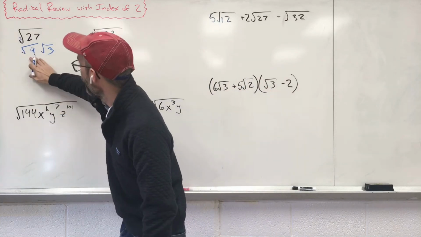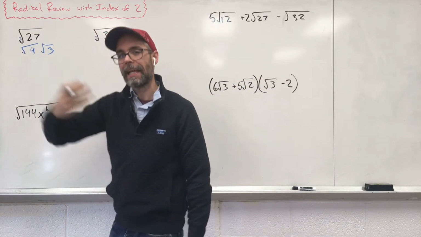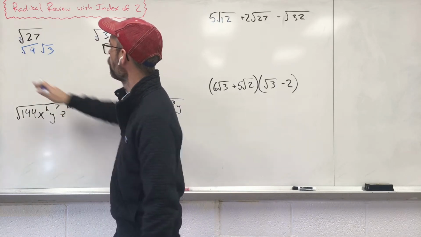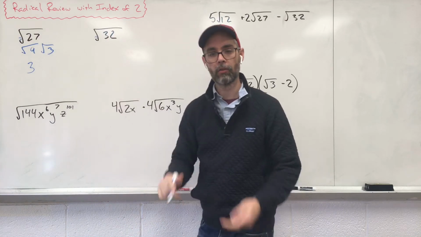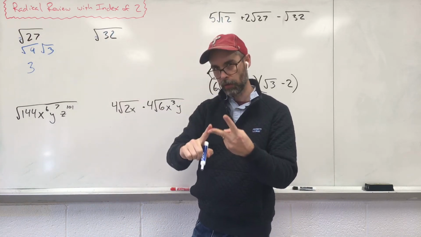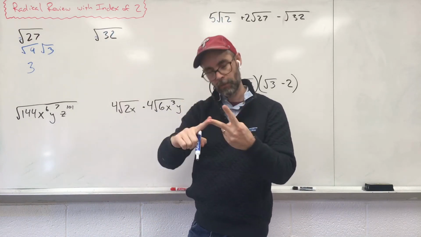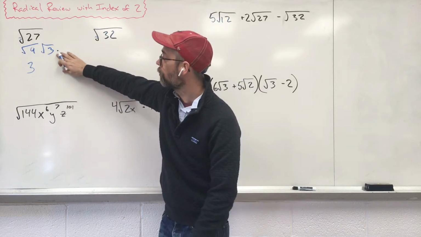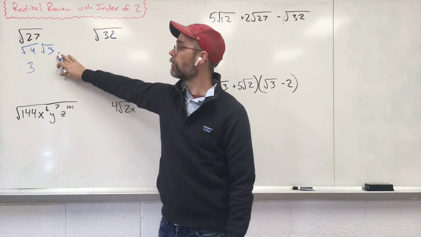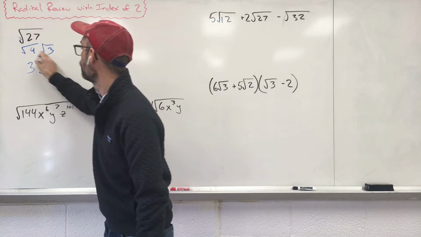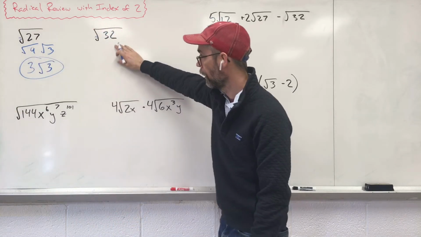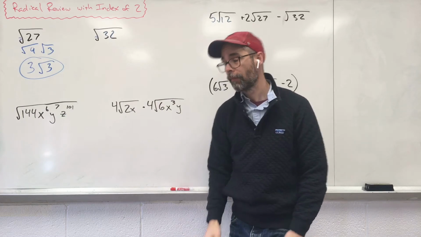When I get a perfect square, I can then take it outside that square root house. So this square root of 9 then turns to a 3 outside, because what times itself gives me 9? 3 times 3. This 3 is still under that square root symbol, so it stays under that square root symbol, and we leave it. Next to it, we have 32.